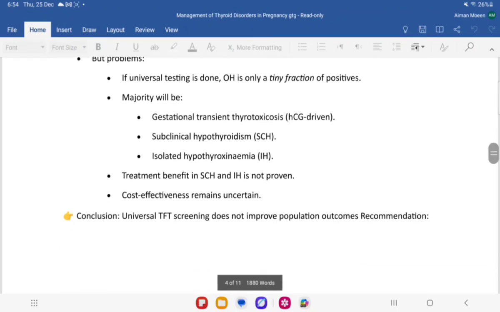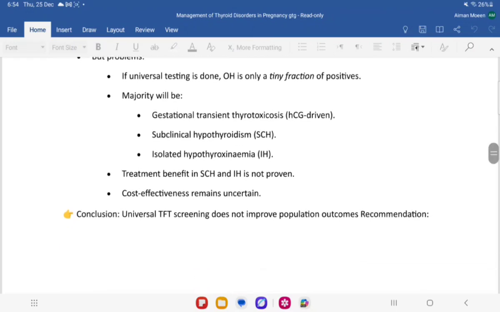So for this reason, treatment benefit in the subclinical and isolated is not proven, and cost effectiveness remains uncertain. So in simple words, this means that universal testing is not recommended because only a small number of women have overt hypothyroidism and require treatment.